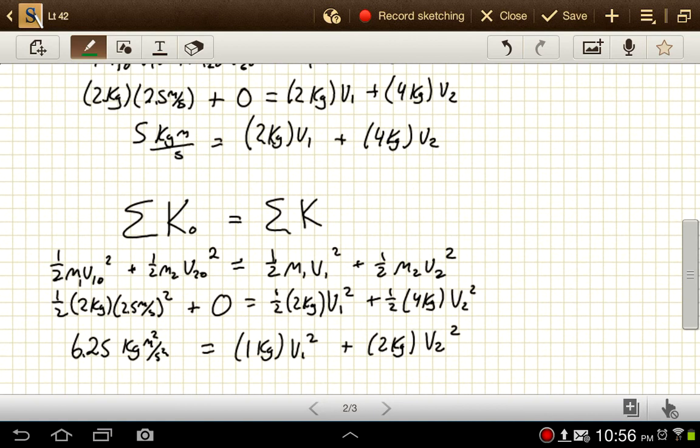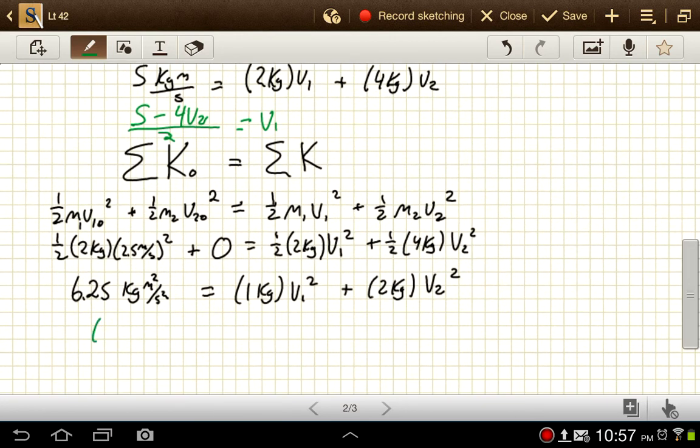So v1 in this first equation is going to be equal to, I'm going to drop my units for simplicity's sake, 5 minus 4v2, and that's all over 2, is equal to v1. I'm going to do the same thing down here. 6.25 is equal to 1 times v1 squared plus 2 v2 squared.